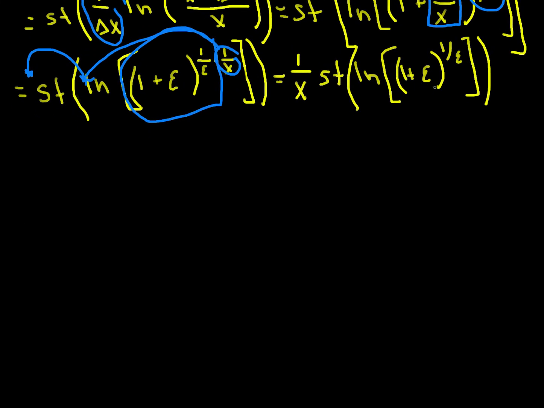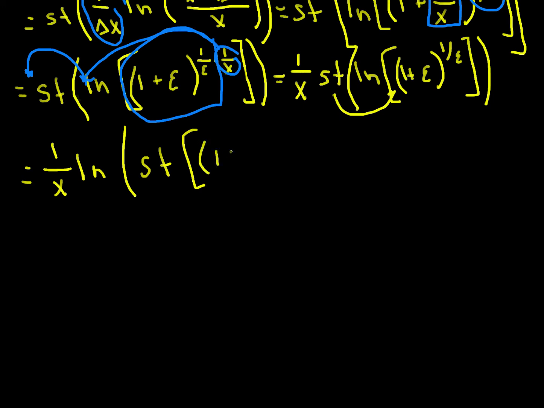And the standard part can move through the natural log function. So this is equal to 1 over x times the natural log of the standard part of 1 plus epsilon raised to the 1 over epsilon.